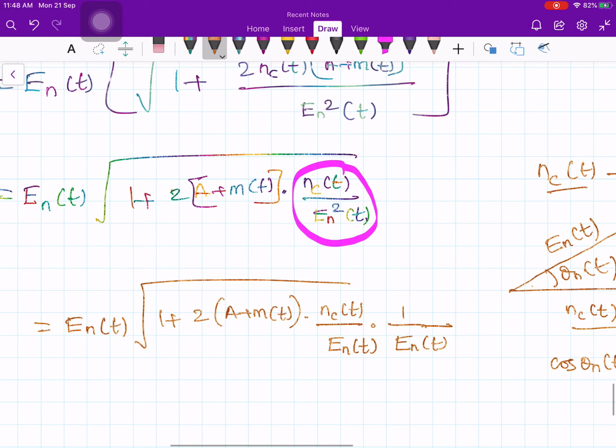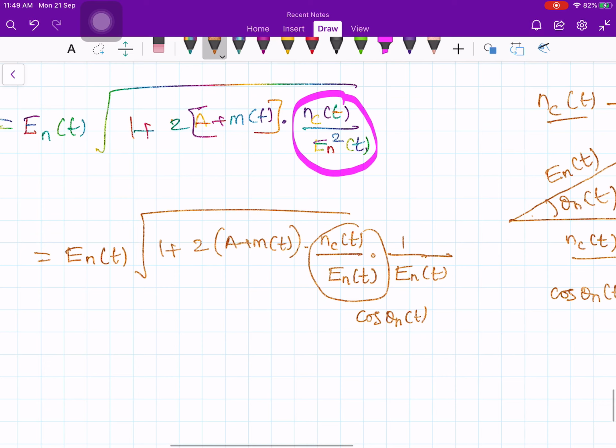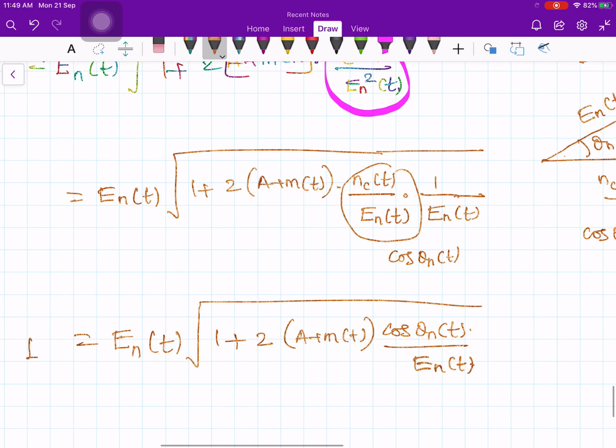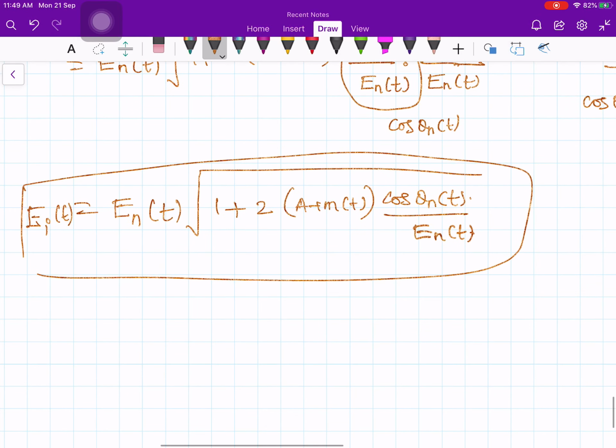Now this I can replace by cos of theta n of t. So this is En of t square root of 1 plus 2 times (a plus m of t) cos of theta n of t divided by En of t. So that's the expression of the envelope of the signal input to the demodulator, I mean the envelope given to the envelope detector.